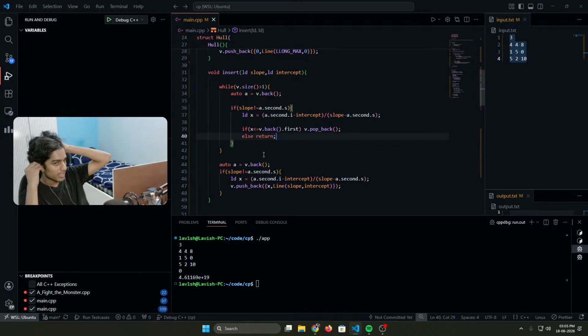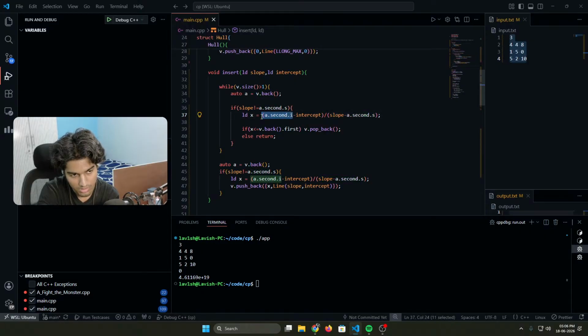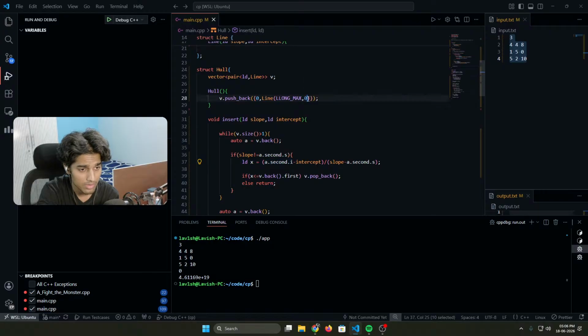So when I'm inserting, I'm giving some slope and some intercept. Okay. And because x is in increasing order, slopes are decreasing. What is the intercept for this?